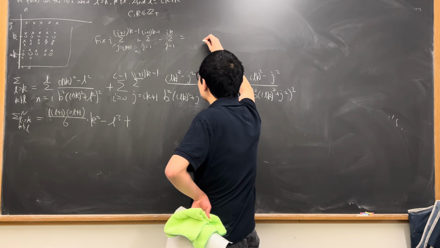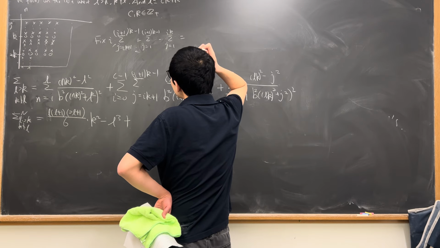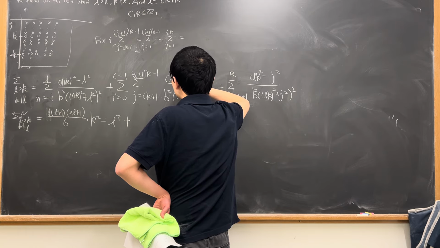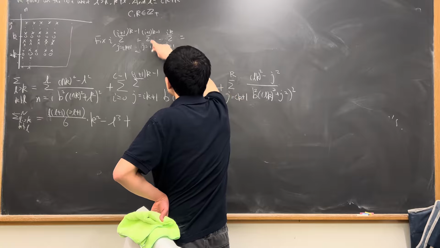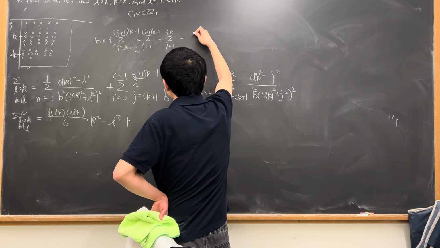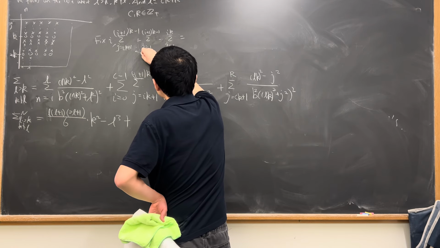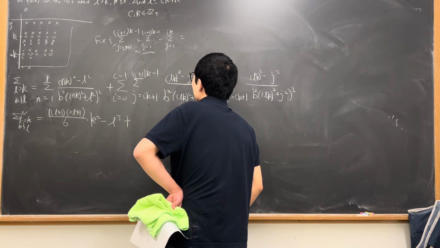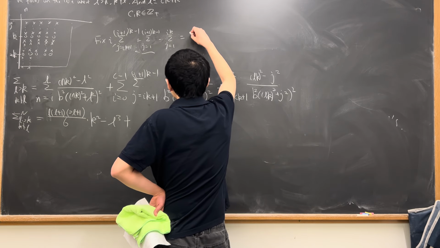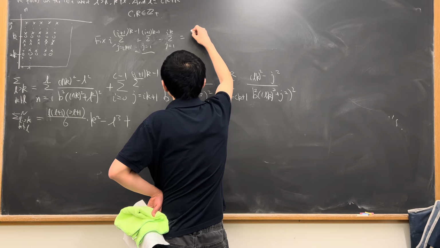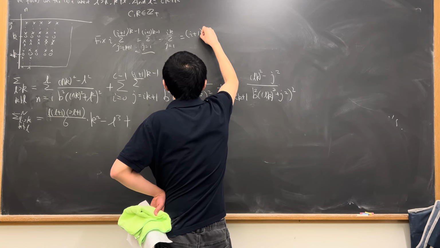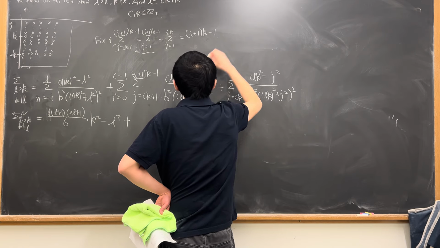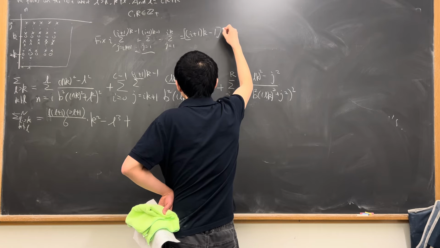So here this is being summed totally I plus 1 k minus 1 times the first one, times lk squared.